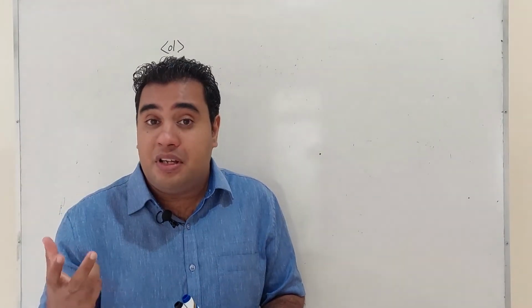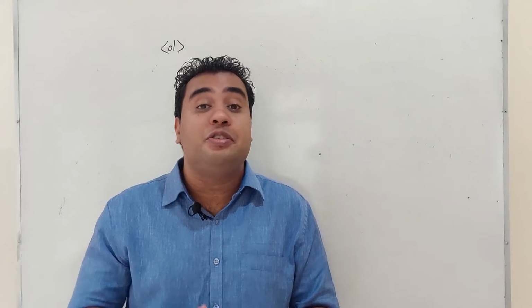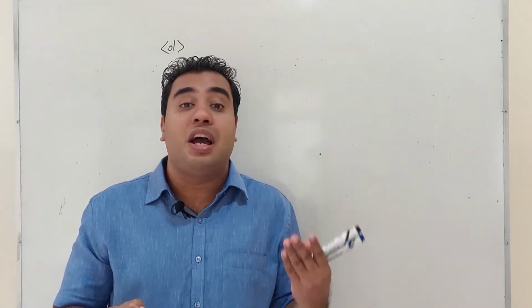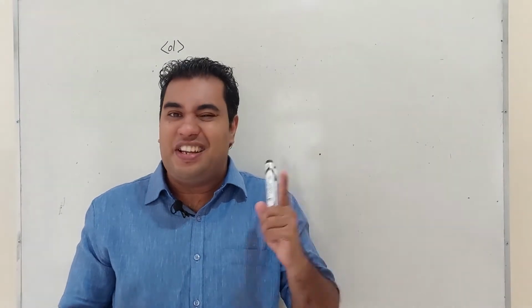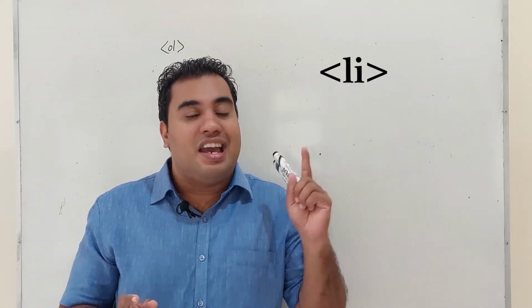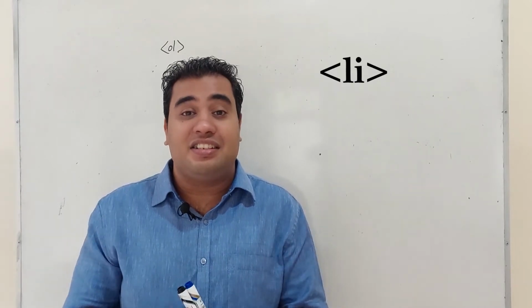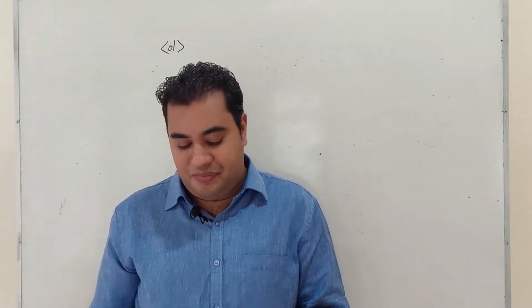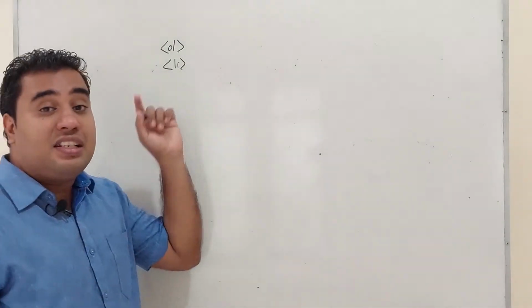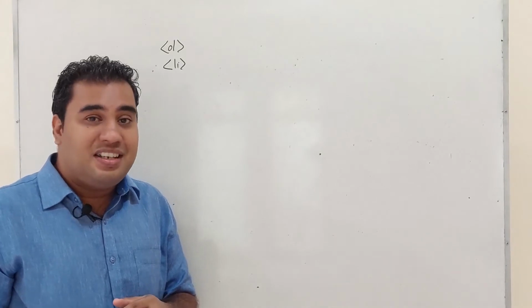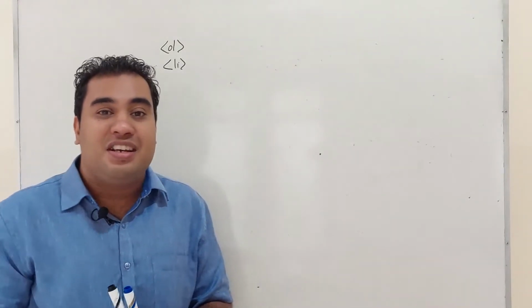We can call them list items. For that also we have to use a tag. To insert an item to a list, we need a tag. That tag is list item, LI. Hope you understand the concept.